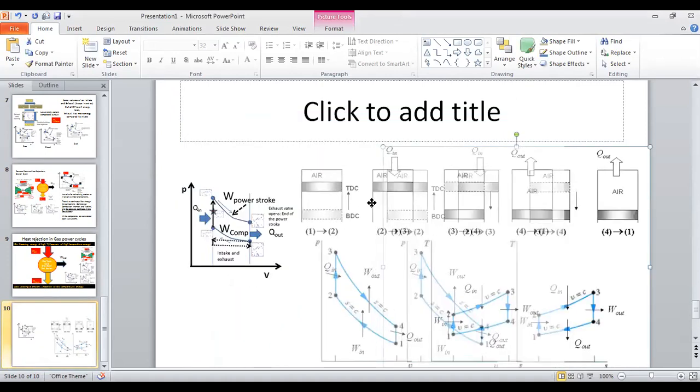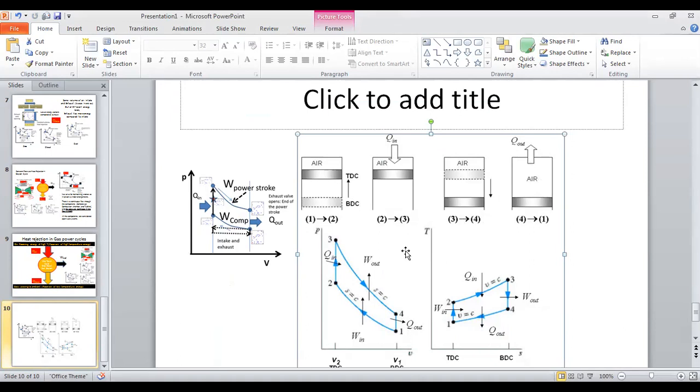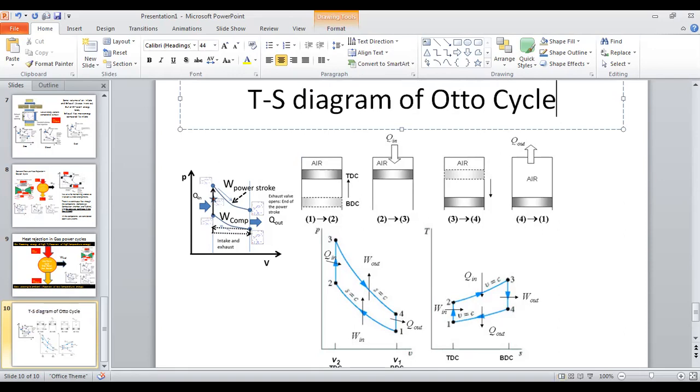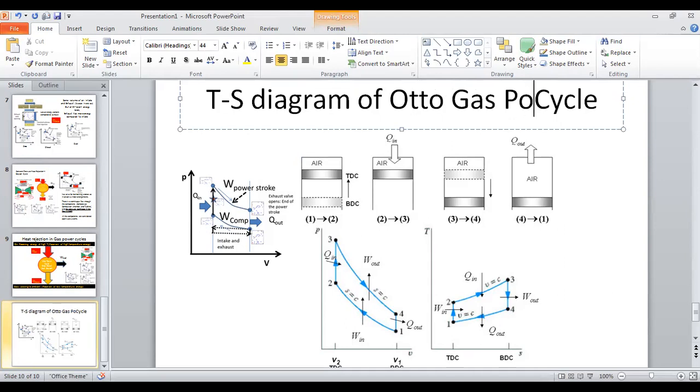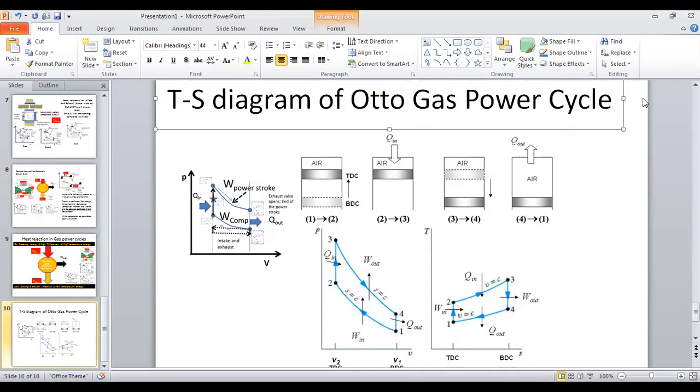Here you can see the TDC and BDC, top dead center and bottom dead center. This is the TS diagram of the Otto gas power cycle.